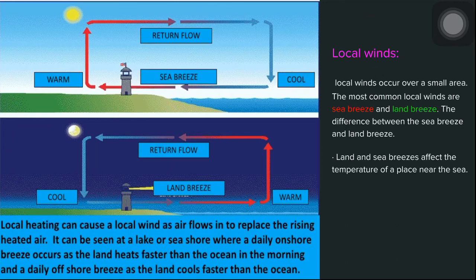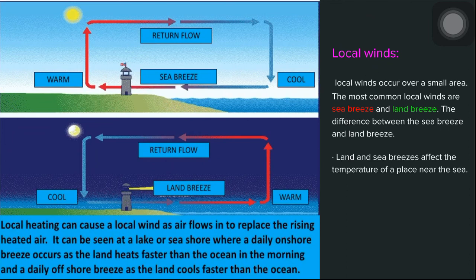During the day, land heats up more quickly than the sea. A low pressure area forms over land while a high pressure area forms over the sea. Due to the difference in pressure, wind blows from the sea to the land, resulting in a sea breeze.